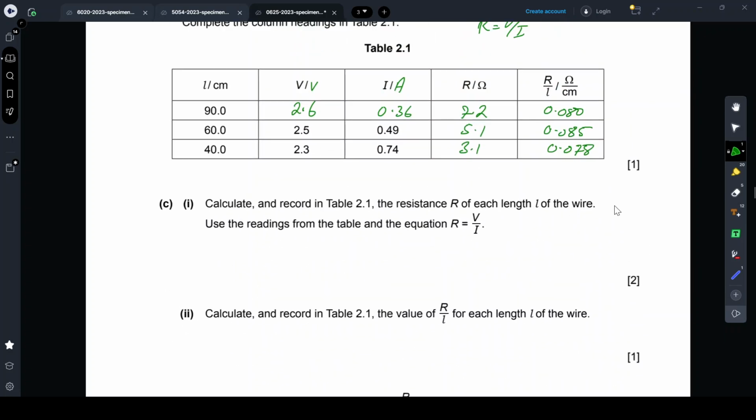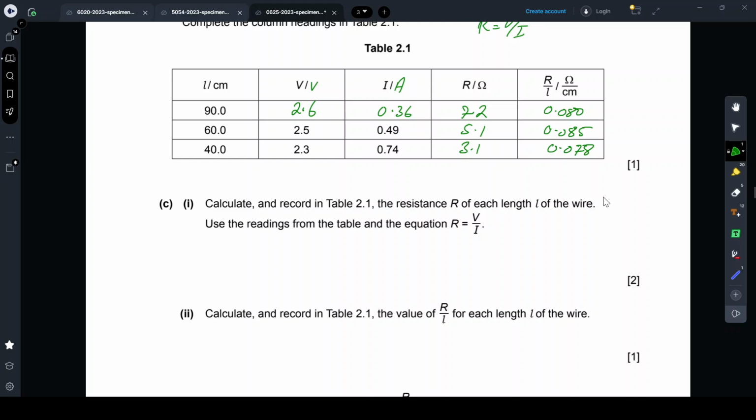Shouldn't that mean that the resistance is directly proportional to the length? The resistance is directly proportional to the length, but if you take a ratio of resistance to length, you're going to get a constant value. So are you getting that constant value?